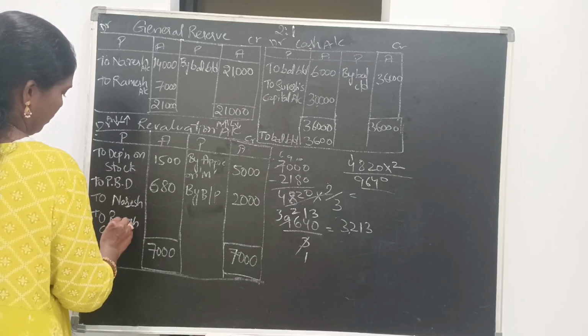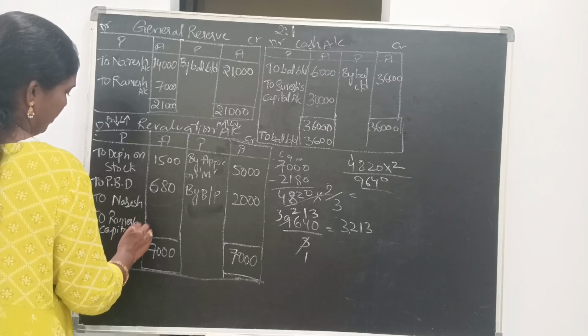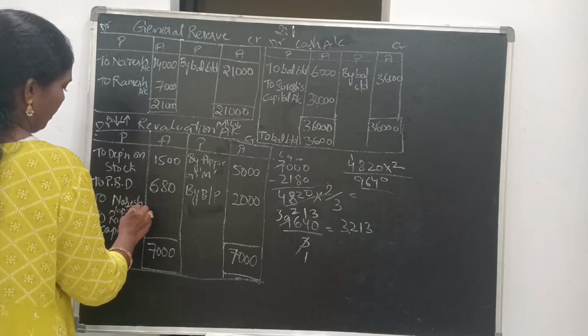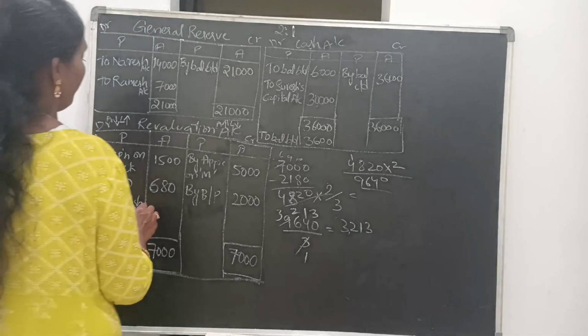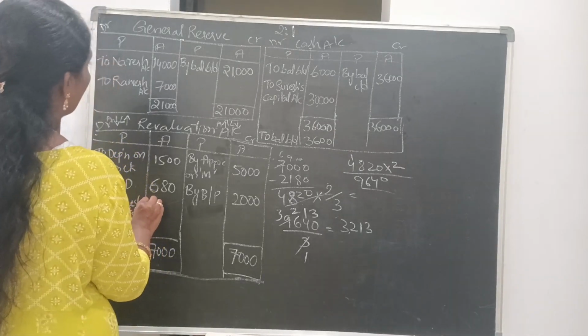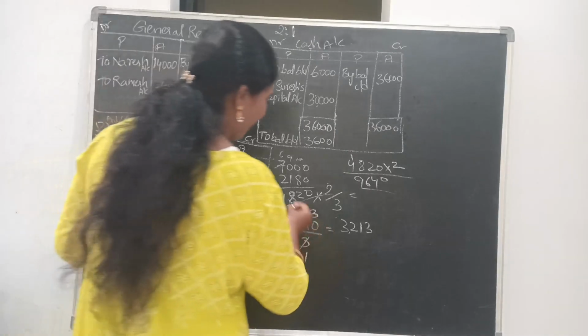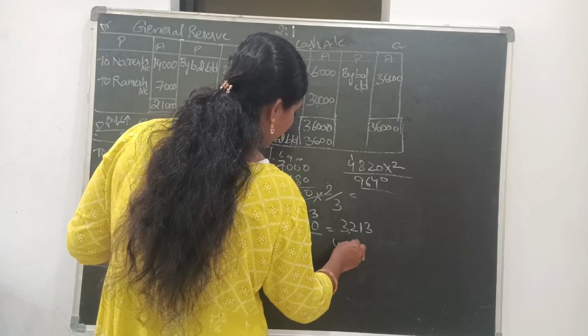Ramesh capital account. This is Naresh capital account. This is the share of Naresh, 3213. So simply deduct 3213 from 4820.